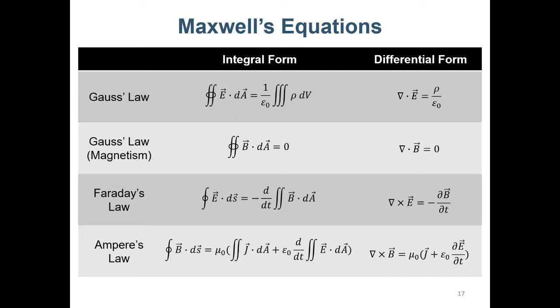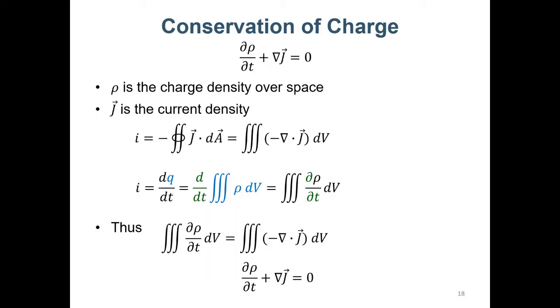So that's what we have done, and now we talk about the conservation of charge. Conservation of charge is written like this: take the time derivative of the charge density, plus the divergence of the current density, equals 0.